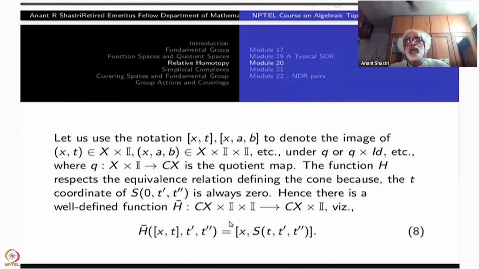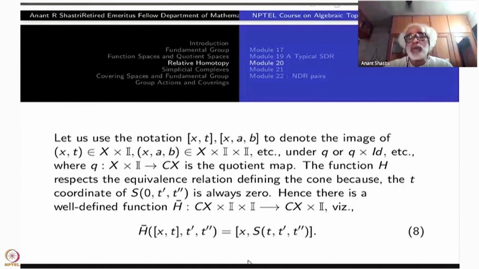Now you can verify that it is actually the identity when this last quantity t prime is 1, it is 0, and then at t equal to 1 it takes values inside, and so on. So what is the image?